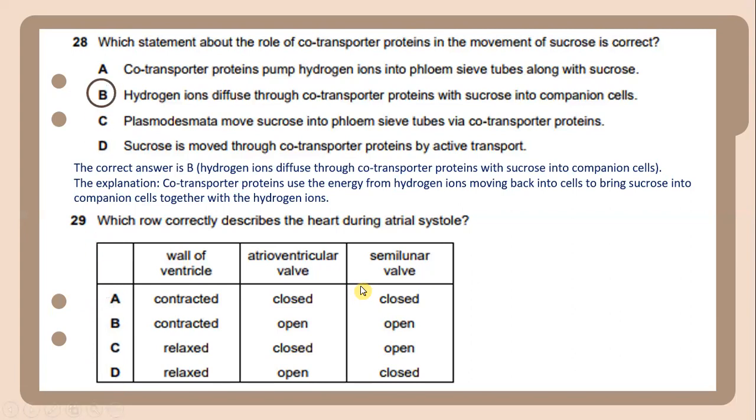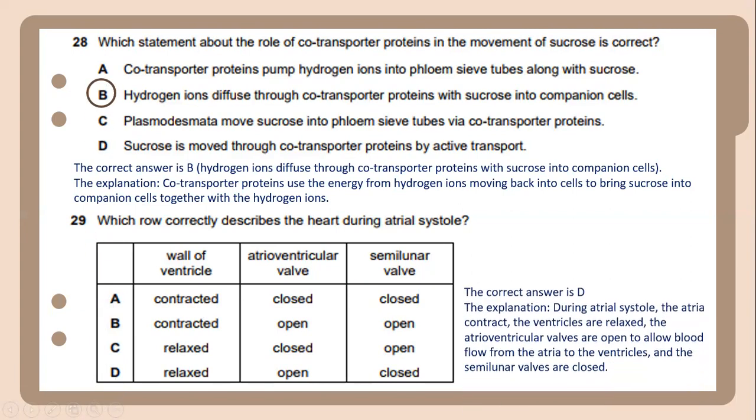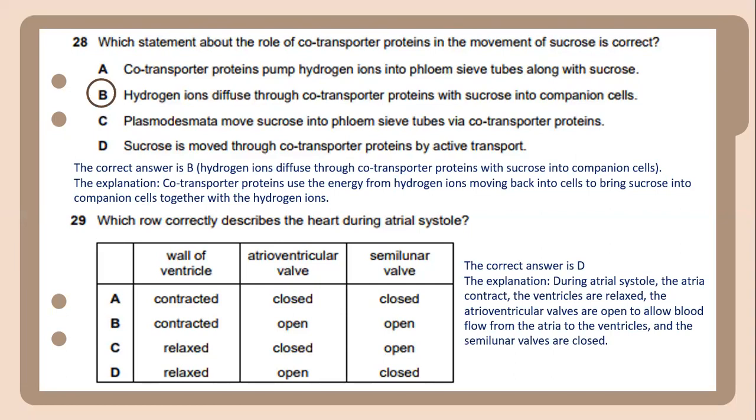Which row correctly describes the heart during atrial systole? The correct answer is D, which is wall of ventricle relaxed, atrioventricular valve open and semilunar valve closed. This can be explained: during atrial systole, the atria contract, the ventricles are relaxed, the atrioventricular valves are open to allow blood flow from the atria to the ventricles, and the semilunar valves are closed.